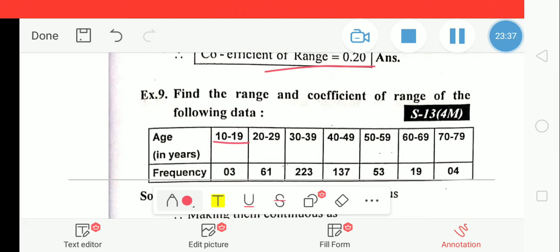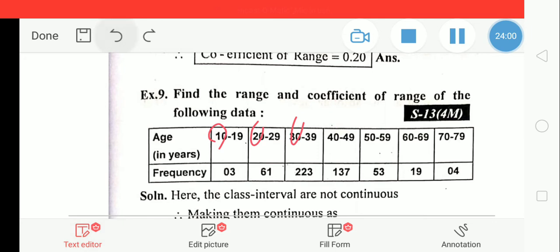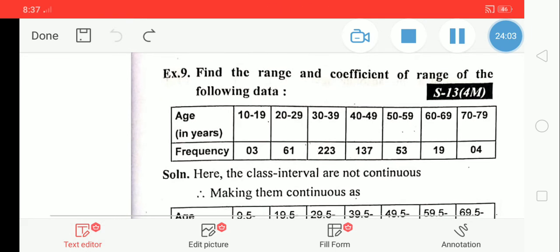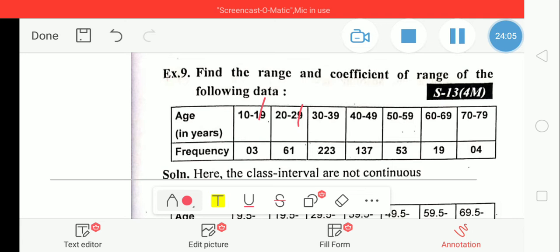Here also the distribution is discontinuous, so we want to convert it into continuous. Same as before, the first term is minus 0.5 and the second term is plus 0.5. So this distribution comes in a continuous way.